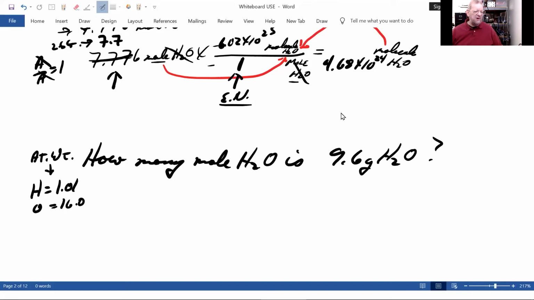Here are the atomic weights for hydrogen and oxygen to 3 significant figures.